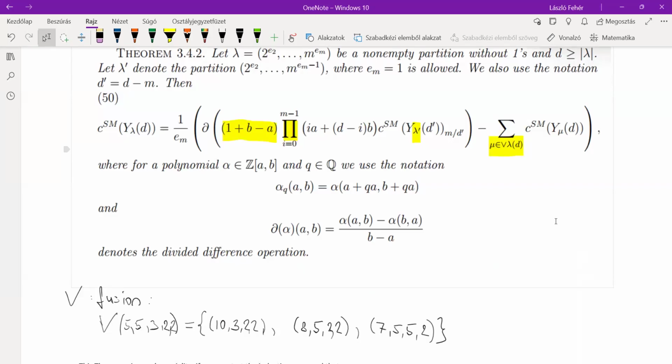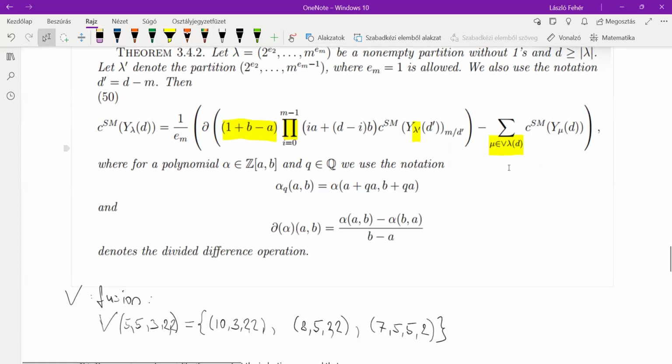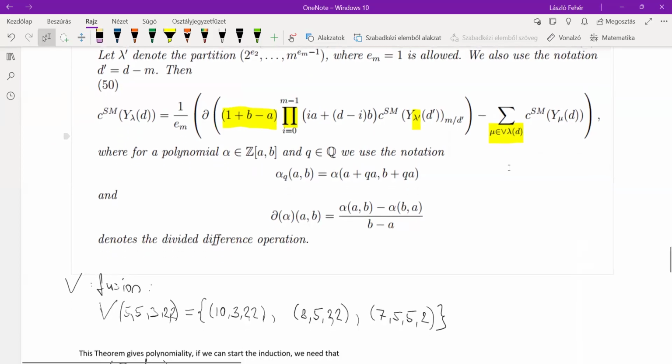So if you don't want to calculate a full CSM class, only one graded piece, then it turns out that you can organize the induction so that for these partitions in the fusion set, you already know what you need, either because it's 0 or something much simpler. Okay, so I don't want to get into the details.